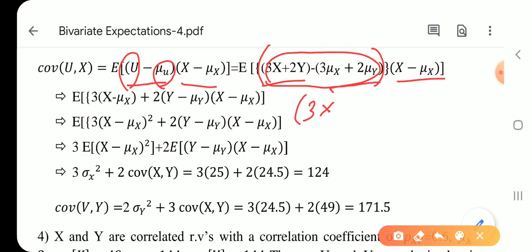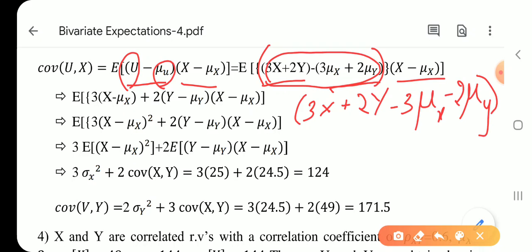If I open the brackets inside the first bracket, that becomes 3x plus 2y minus 3 mu x minus 2 mu y. Now if you see here, 3 is common, so we have taken 3 common outside and written x minus mu x. Similarly in the second and fourth term, 2 is common. We have taken 2 common outside, y minus mu y. And the remaining term x minus mu x I have written as it is.